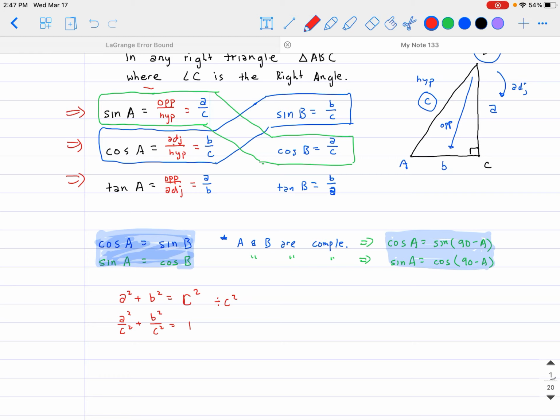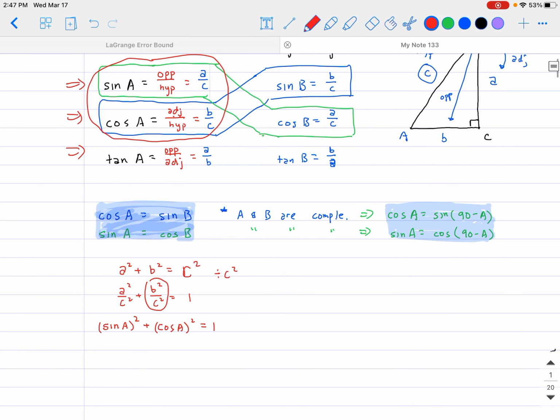In the first case, a over c can be replaced with sine of A. So that is to say that this is going to be sine of A, quantity squared. And then this part over here, we have b over c. We can say that that is going to be cosine of A, quantity squared. And then that all is equal to 1.